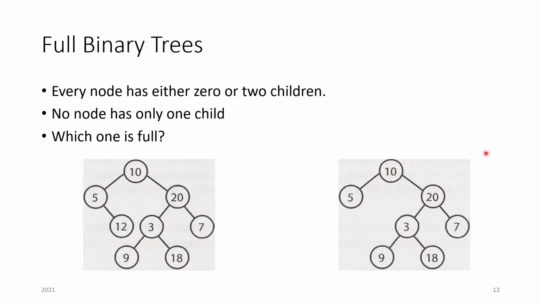A full binary tree would be that every node has either 0 or 2 children. You can't have a node that has only 1 child. So, let's see if my mouse here is behaving. Alright, nice, it is behaving.